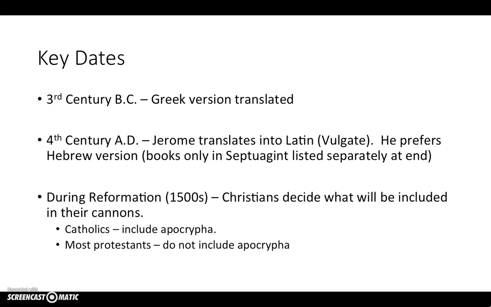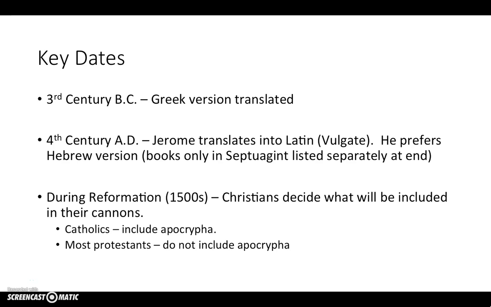A more complete answer is understood by knowing some key dates. The first is that the Greek translation of the Old Testament was created roughly in the 3rd century BC in Alexandria by Jews who were living there at the time. Several centuries later, in the 4th century AD, Jerome translates the Bible, Old Testament and New Testament, into Latin.